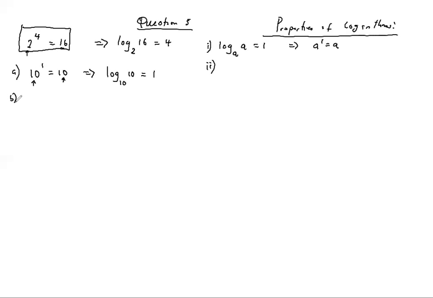b, 2 over 3 to the power negative 3 is equal to 27 over 8. Write it in logarithmic form. Okay, nothing changes here. You have the log. This number sitting here is 2 over 3.